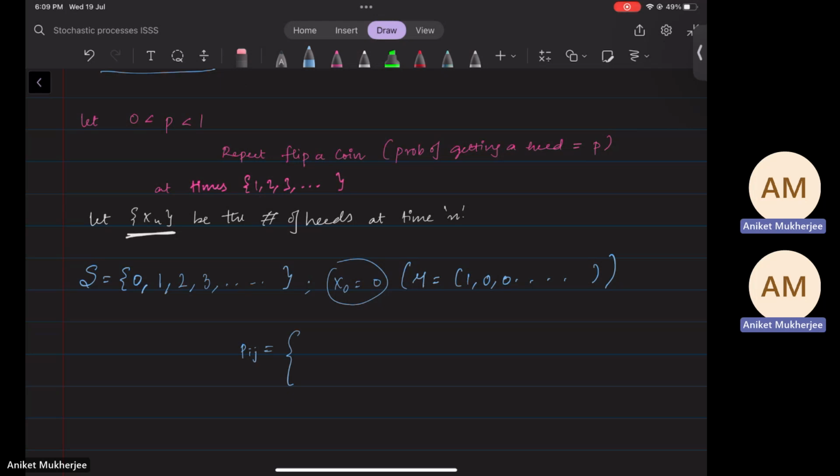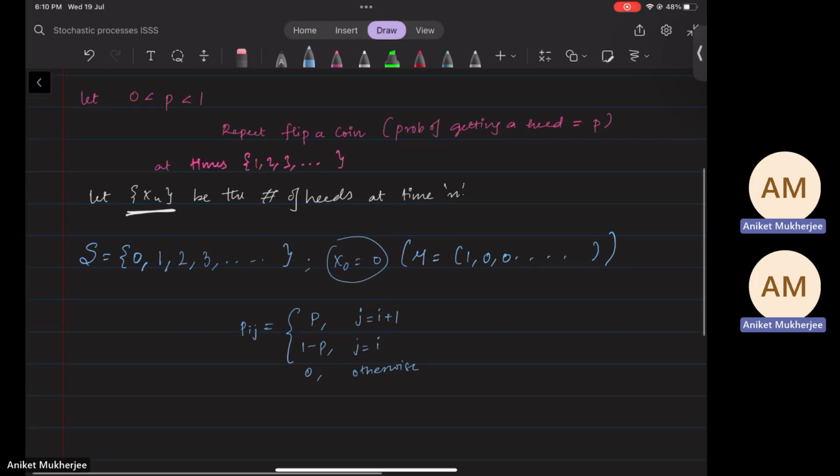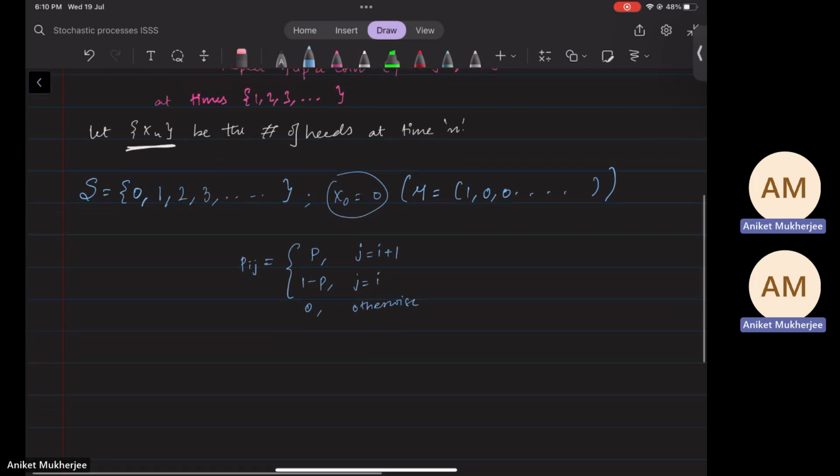So you will see a head with probability P. If you see a head, then the next state that you will be in is incremented by 1, because now you've seen an extra head, with probability P. And you will not see a head with probability 1 minus P, which implies that the number of heads has not changed in time t. So Pij is 1 minus P if j equals i, P if j equals i plus 1, and 0 otherwise. You can't jump 2 steps at the same time because you flip a coin, you can't see 2 heads. That is an impossible event. So yeah, this is your state transition matrix.